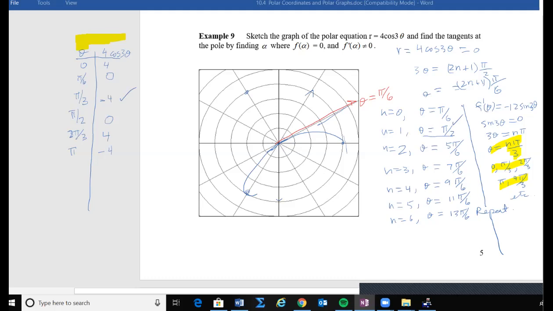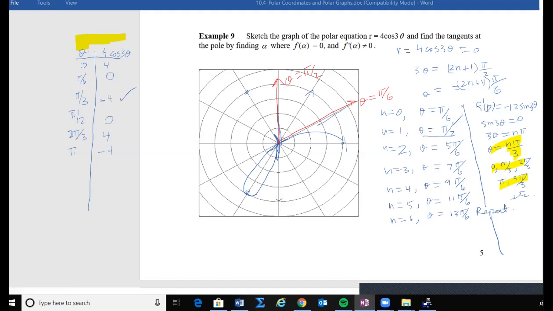So I swing back this way and just graze it, and I have a vertical tangent, because it is tangent to the pole, and this line here, theta equals pi over 2, tangent to that line. So then I continue.